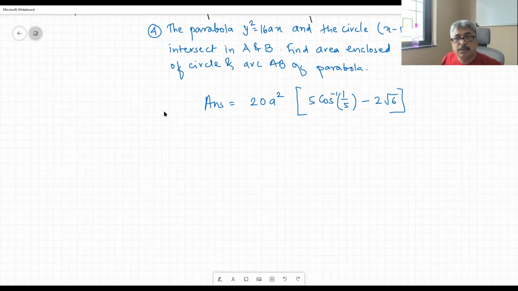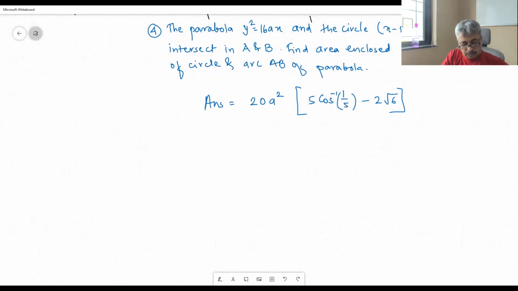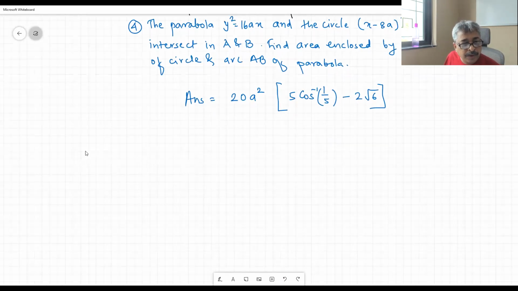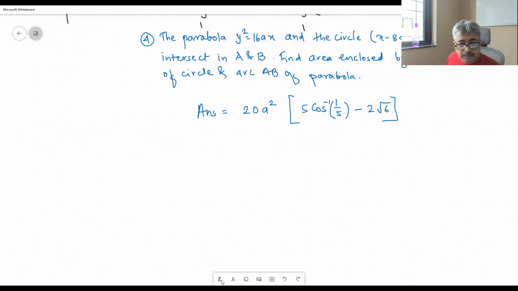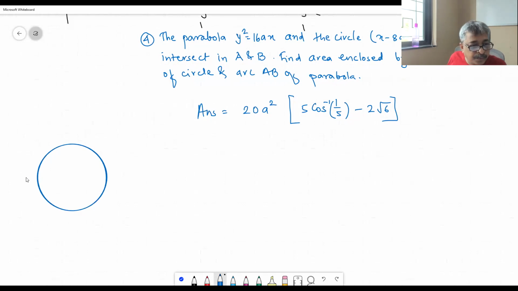Okay. Let me write down the solution. The geometry is like this. You have a circle. You have x-axis, y-axis, right?